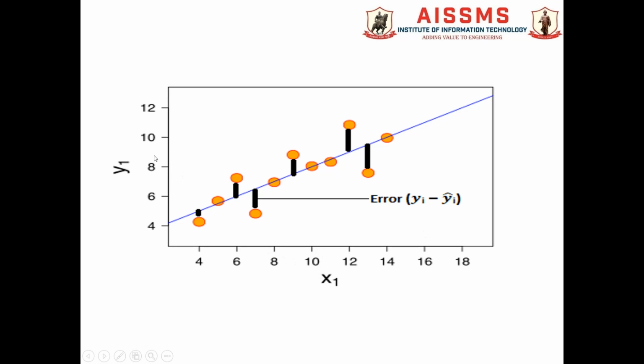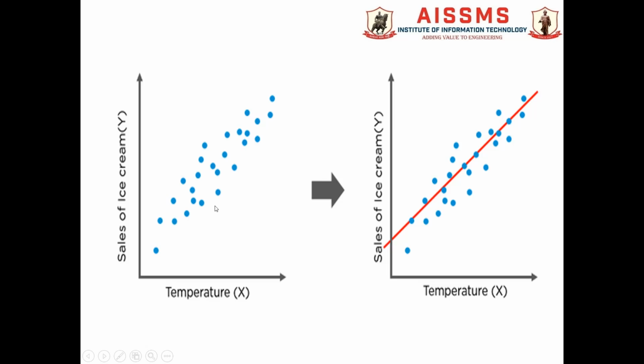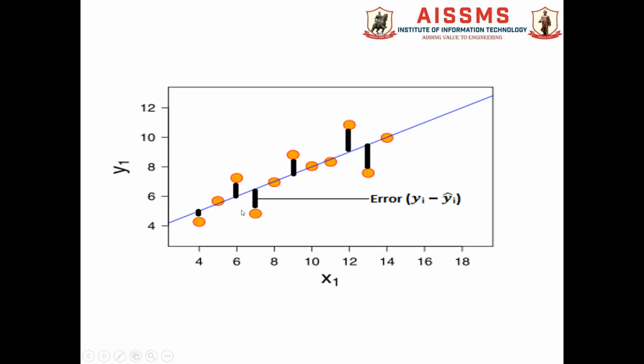Here x1 and y1 are the variables which we have seen earlier in this diagram. Whatever points lie on this linear regression line are exactly matching the line, which means there is zero error. But if a particular data point is not falling exactly on that line, there is some error.